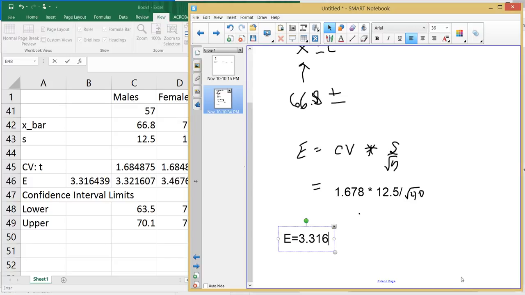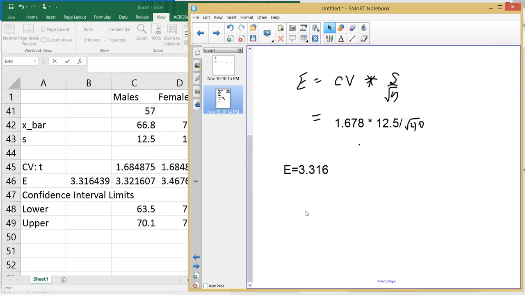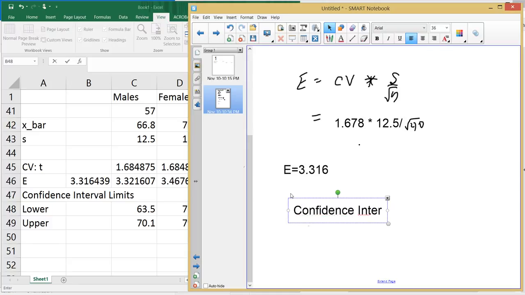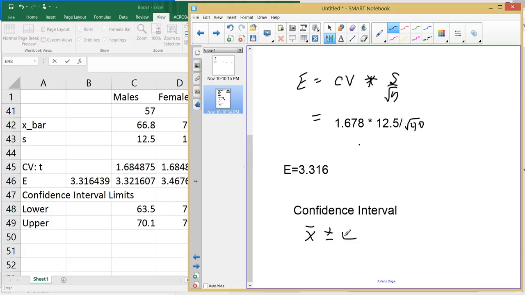Okay. And so next I'm doing my confidence interval now. So that's going to be x bar plus or minus E, right?